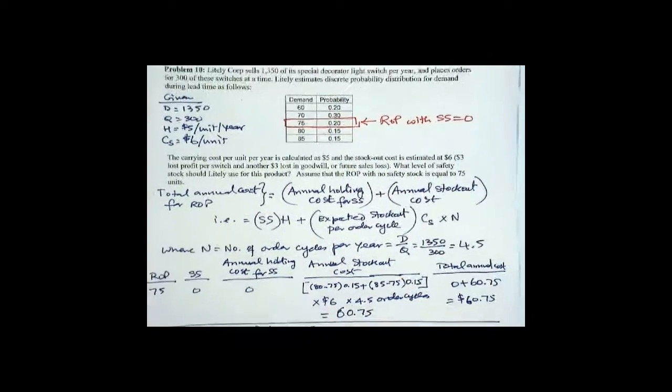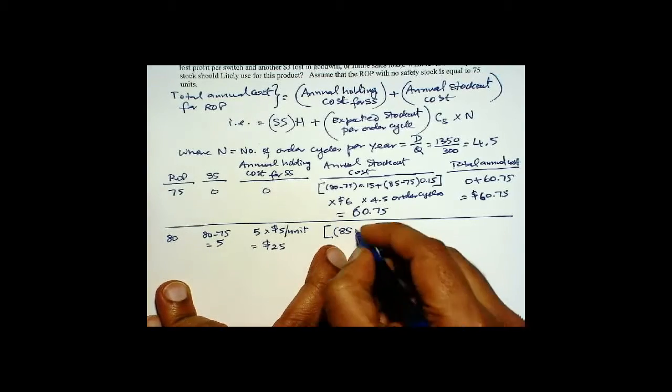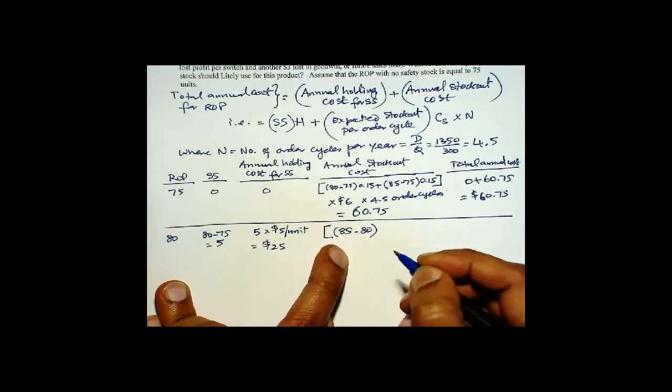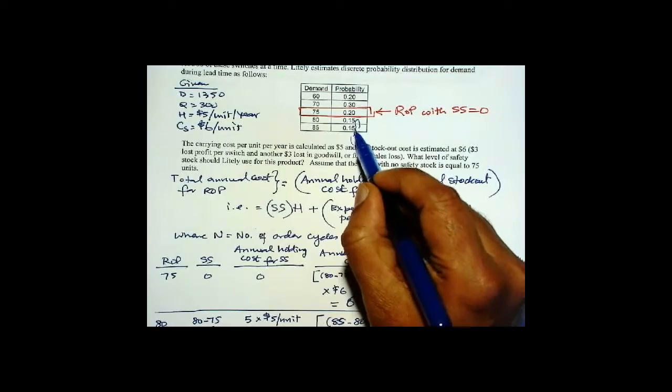Stock out will occur only if the demand is 85, in which case it is 85 minus 80, and that probability is 0.15.